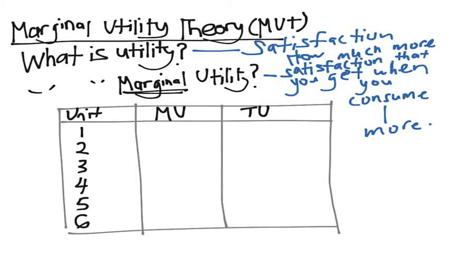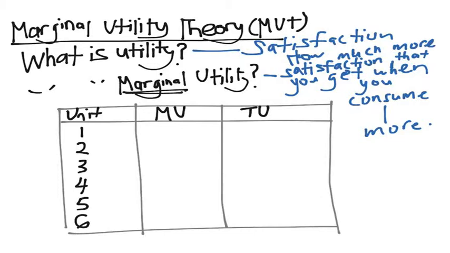If it's marginal cost, then what it means is how much more cost you bear if you produce one more. So essentially, marginal means how much more you get if you produce or consume one more product. Understand?